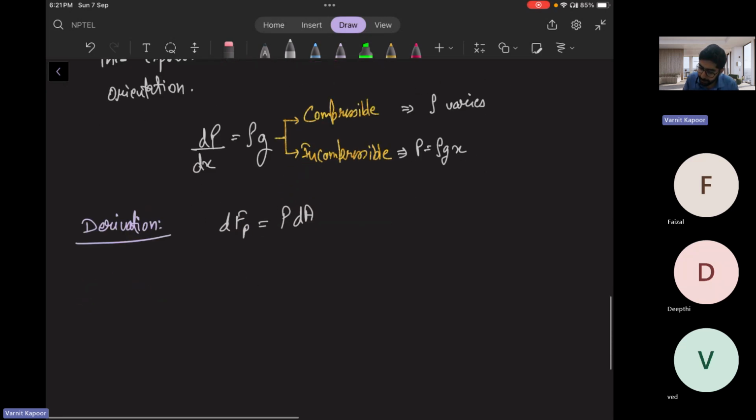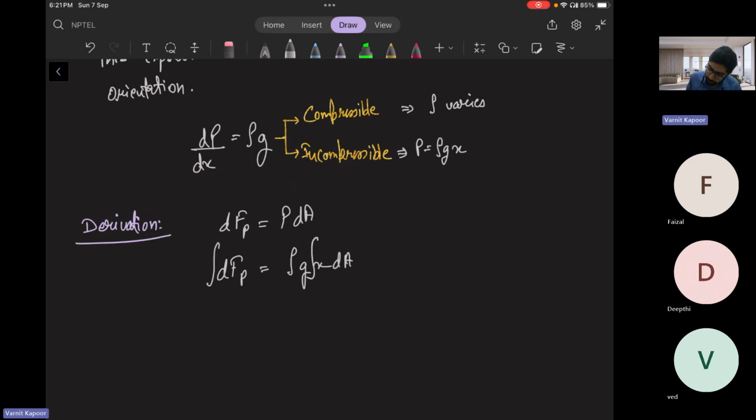So dFp is nothing but, the pressure will be how much? Rho g hydrostatic pressure, into dA. Rho g into x, that is the vertical, into dA.